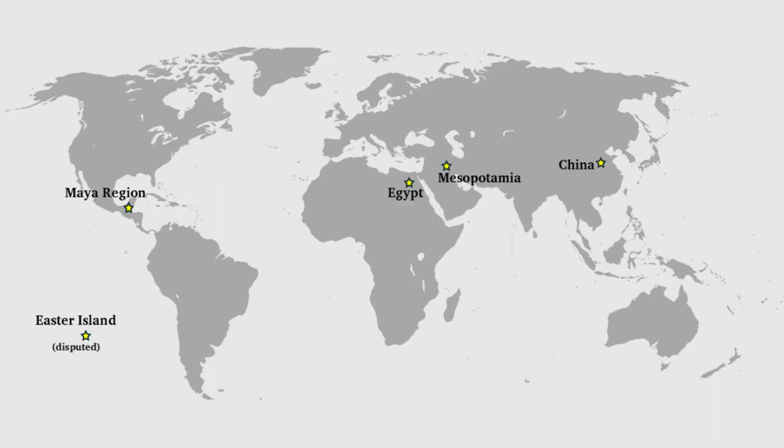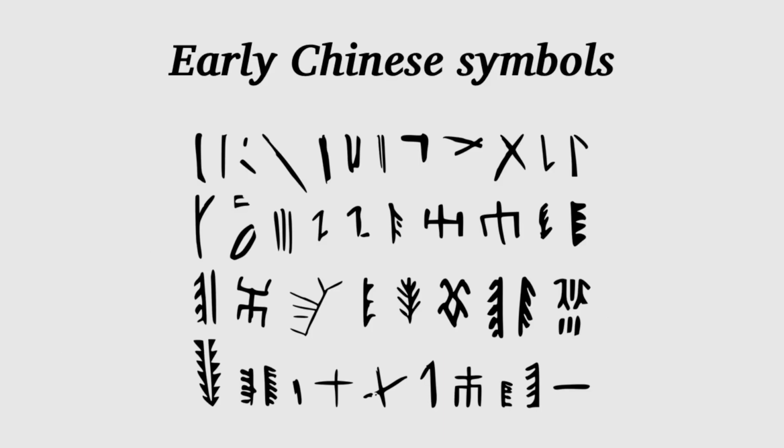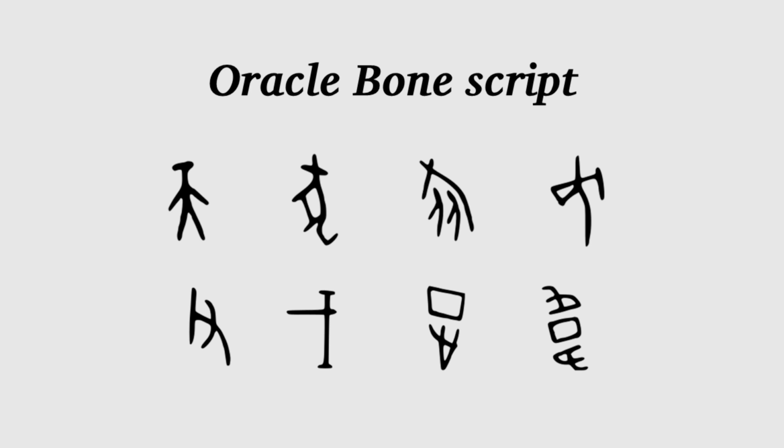Writing has been independently invented only 4 or 5 times across the world. Hieroglyphs are one, but another instance is the Chinese characters. Like hieroglyphs, these emerged from a rudimentary proto-writing, which around the 13th century BC had developed into a full logographic system known as the Oracle Bone script.